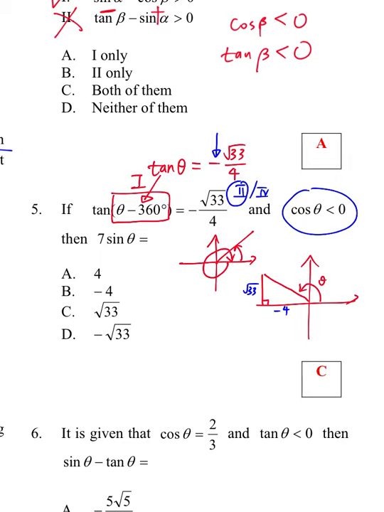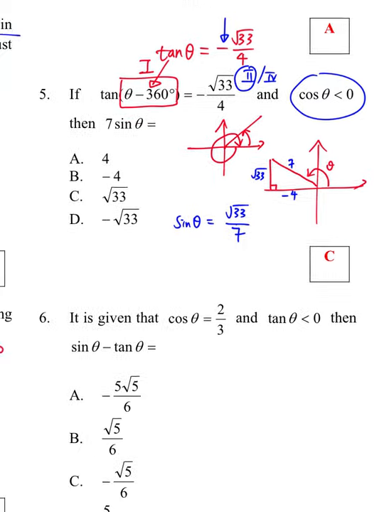And by Pythagoras theorem, you know that the length of the hypotenuse will be 7, and therefore sine theta will be positive square root of 33 divided by 7, which gives you the answer C. In quadrant 2, sine theta must be positive.